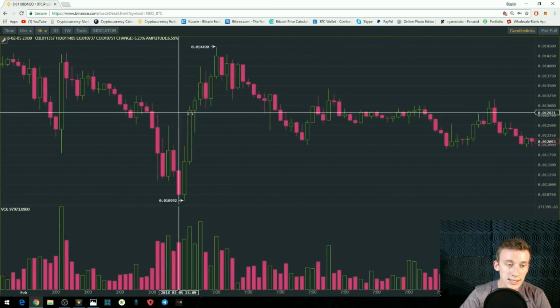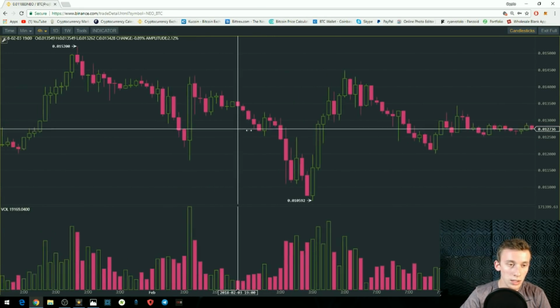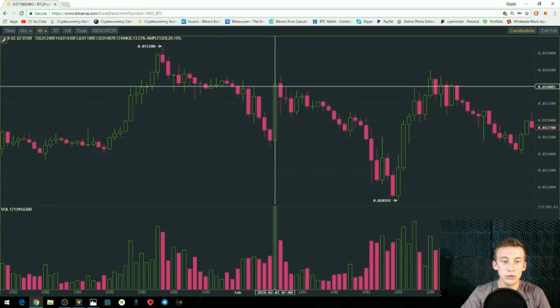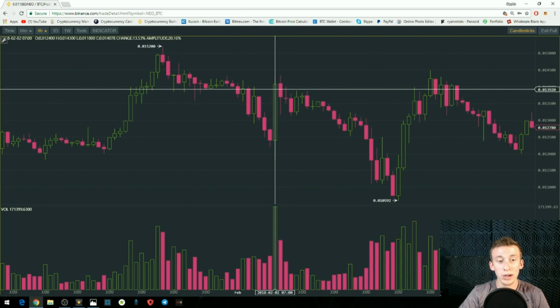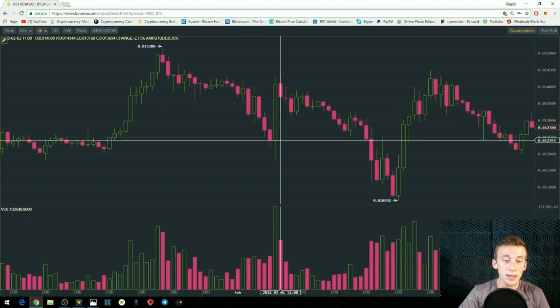If we look at these candlesticks right here, we'll start with this green candlestick. This thick part again is called the real body. The bottom of this real body started right here. This was the opening price of that 4 hour period.